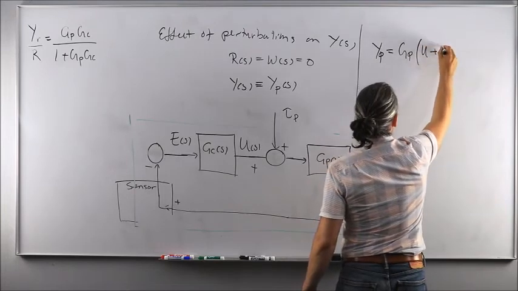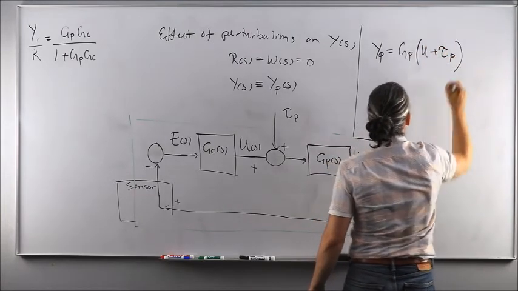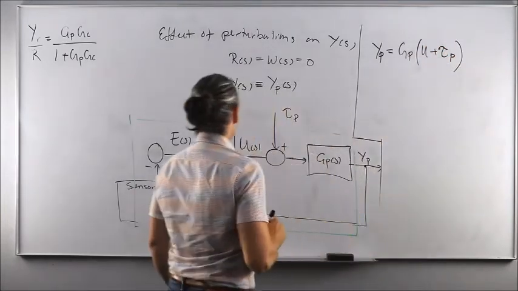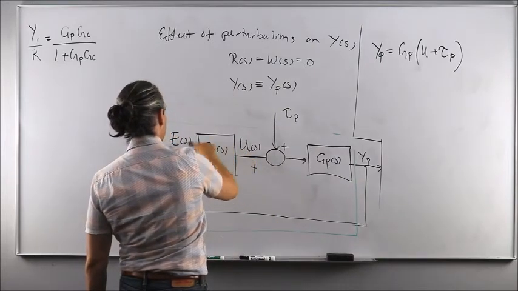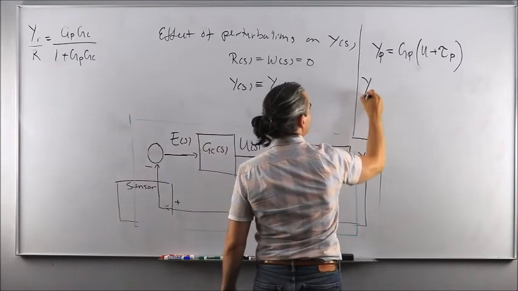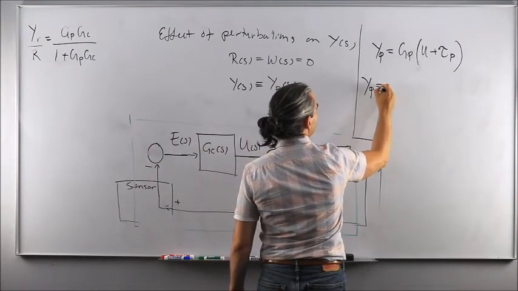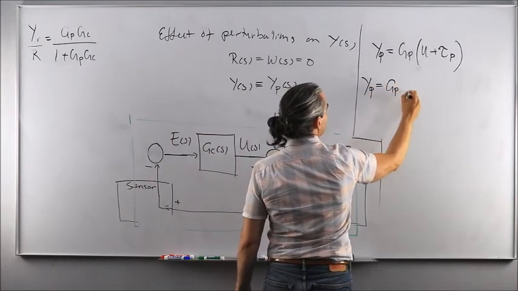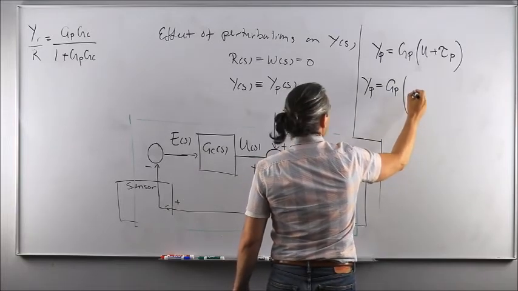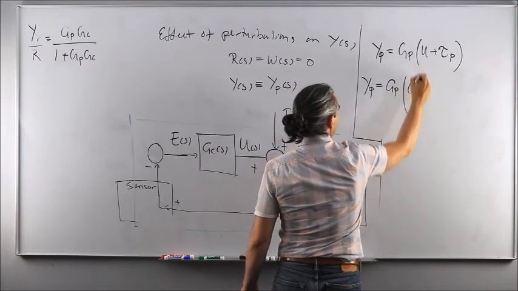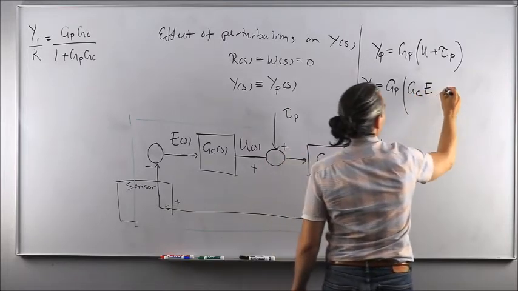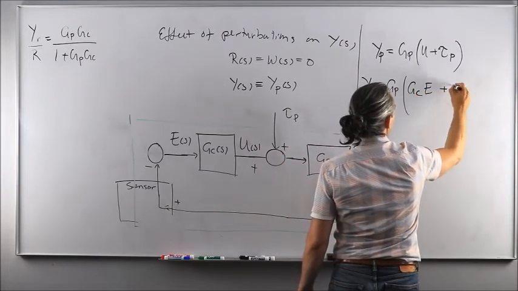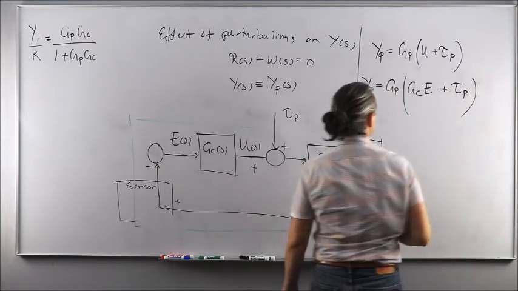U plus perturbations. Now u of s is actually gc times e. Yp equal gp, and this u is gc times the error, plus perturbations.